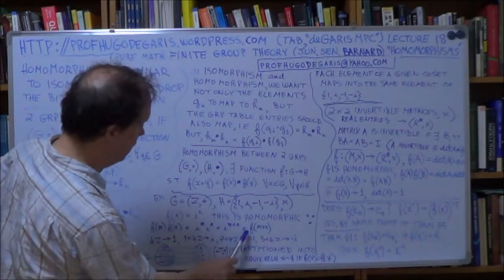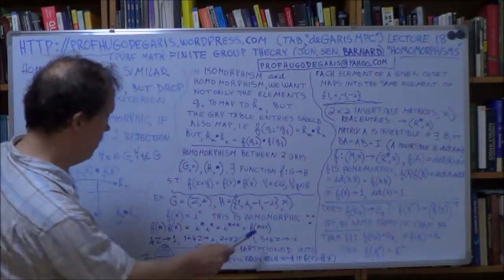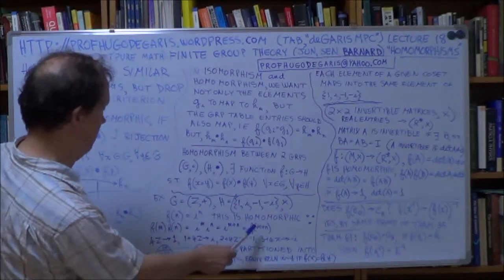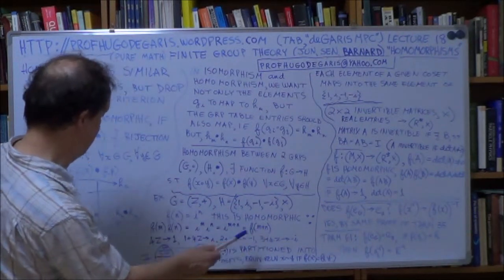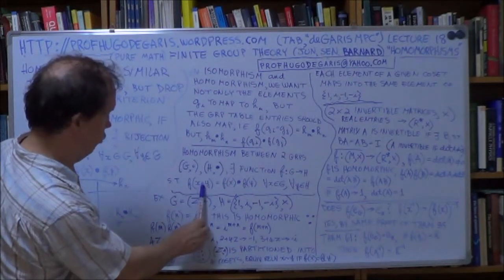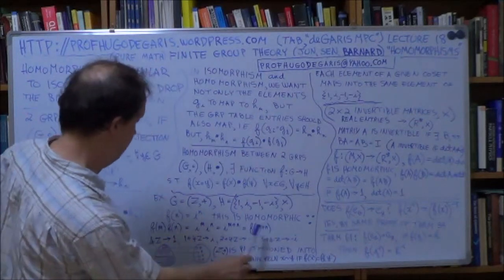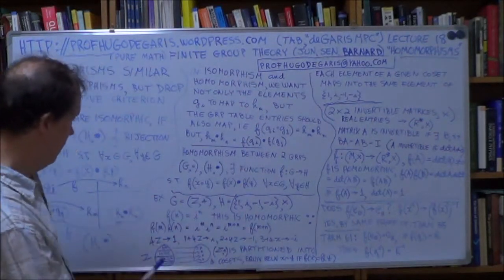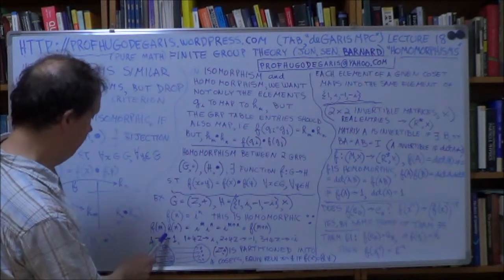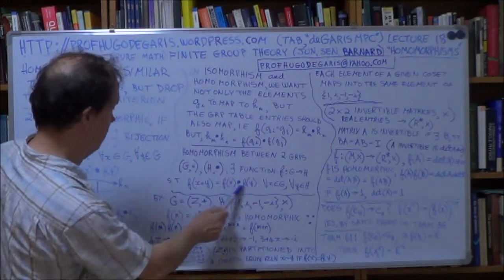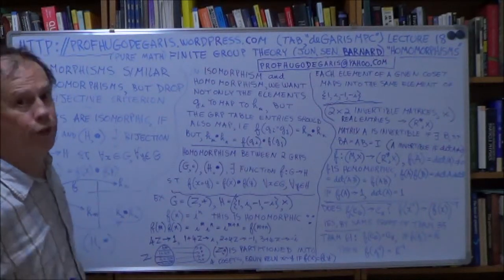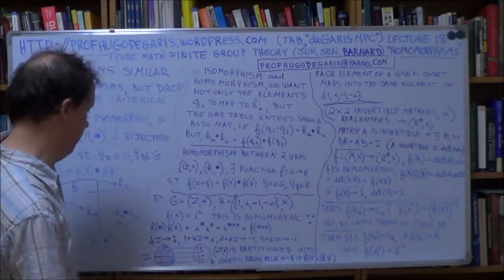So this is just the same as f of m plus n, because the binary operation here is plus in group G. So you've got that f of m plus n is equal to f of m times f of n. There it is. So we've just proven that this function is homomorphic.